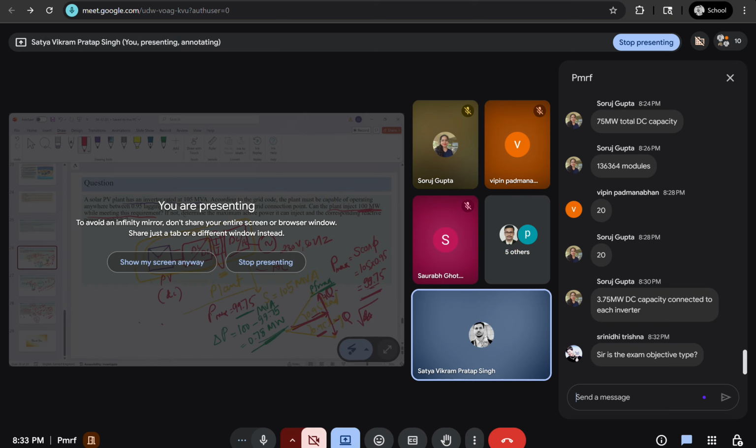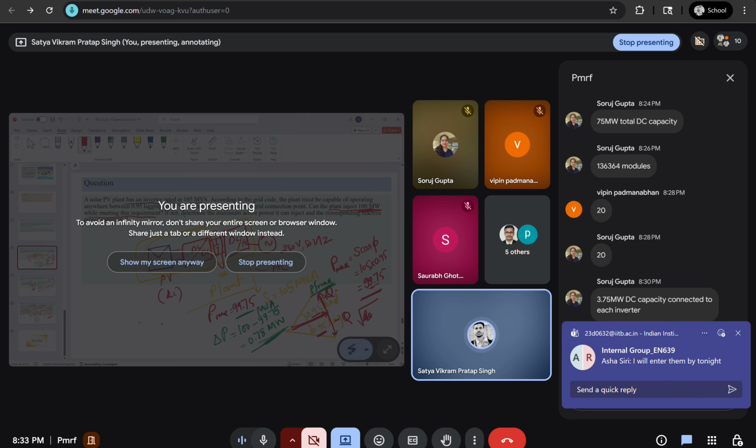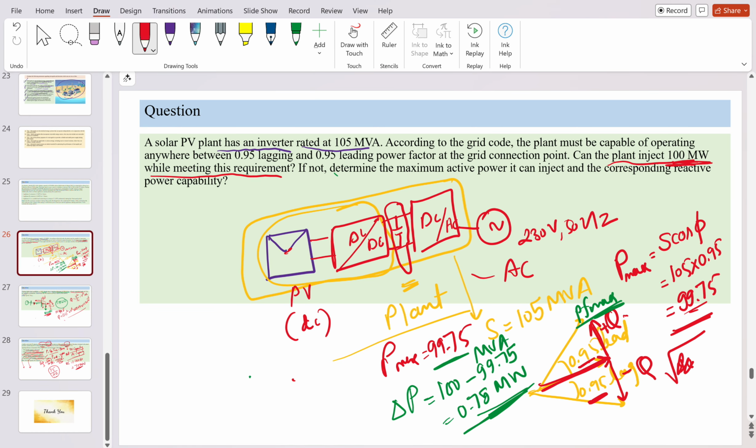There's a question whether the exam is objective type. Actually, I'm not aware of the exam pattern, because my job is just to solve your questions and queries related to the technical side. So the coordinator you can email, and you can also ask the professor through email.